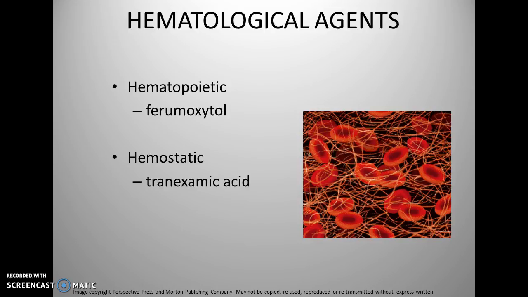Other things that you should be familiar with in relationship to hematological agents are the following definitions. One, anemia, which means a decrease in hemoglobin of red blood cells. Clotting factors are the factors involved in the blood coagulation process.